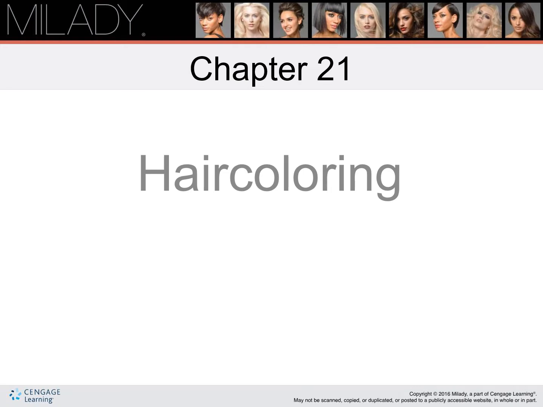I am going to break up the lecture to help you guys because it is so much information and this is important information. In this particular lecture, I am going to talk about texture, porosity, density, the color level system. I'm going to talk about tones, hues.